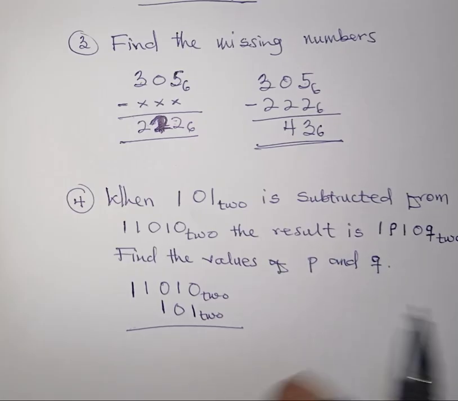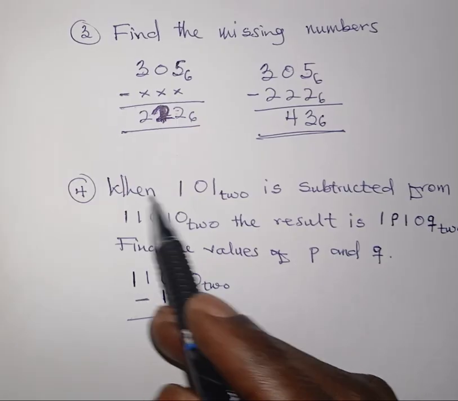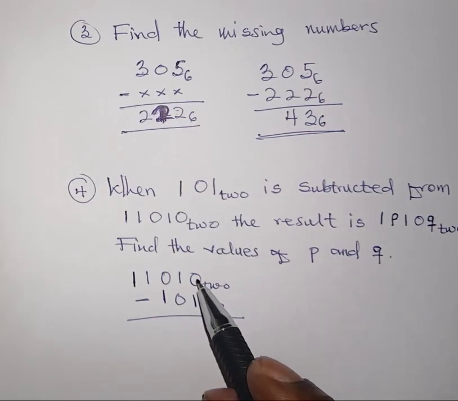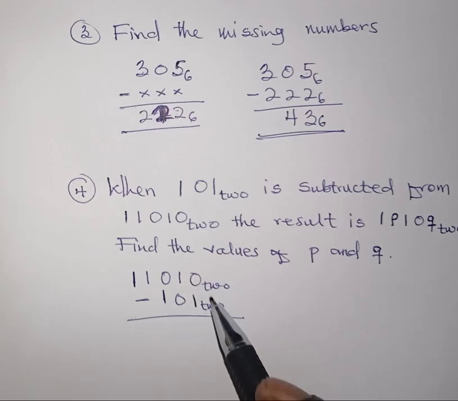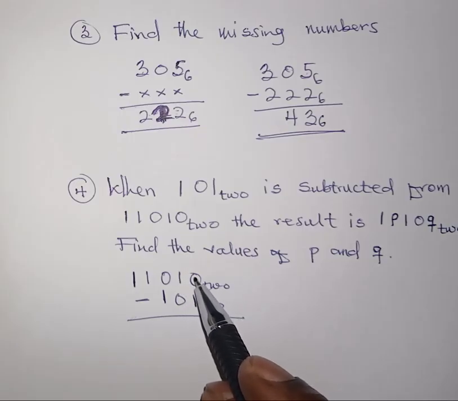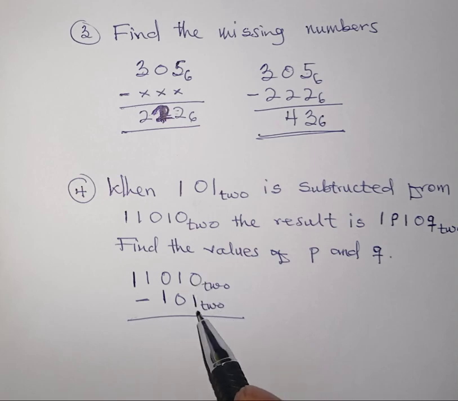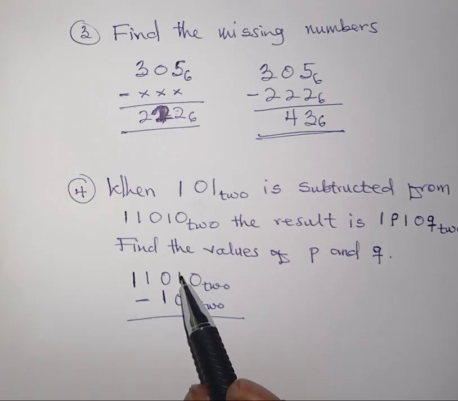So in base 2, I'm going to do the subtraction. 0 minus 1, you realize that this is smaller, so we come here and borrow 1. In that case, the one we are borrowing becomes the base given in the question, which is 2. So here I'm taking 1, yet here will be 2. So 2 plus 0 gives me 2. 2 minus 1 gives me 1. Then here is left with 0.